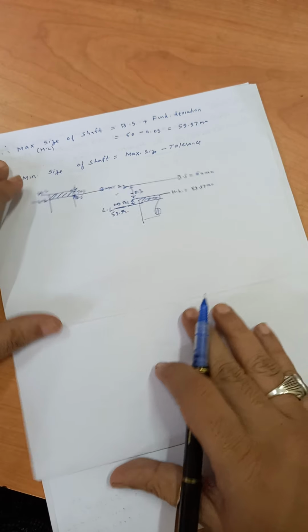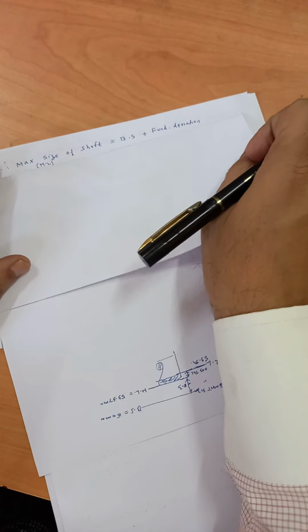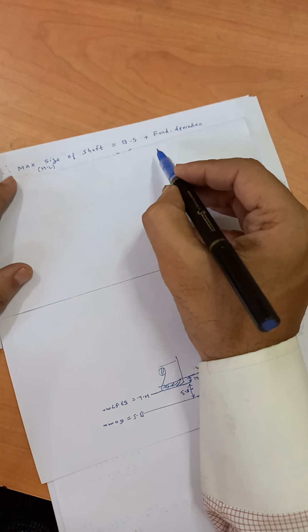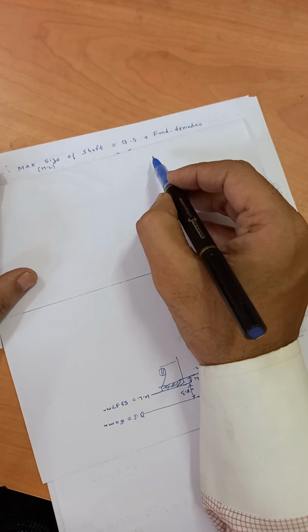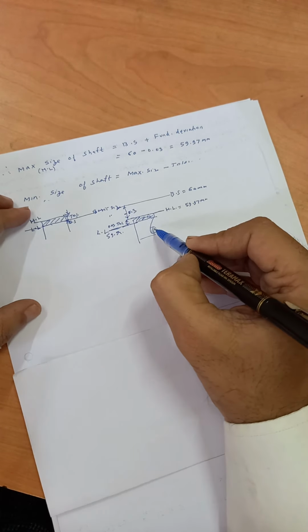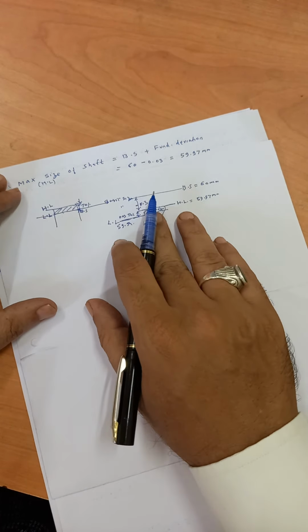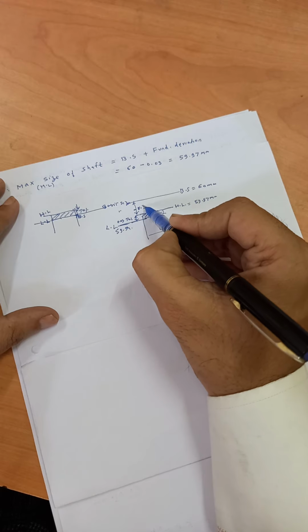So the maximum size of the shaft is equal to basic size plus fundamental deviation. If this is the shaft, this is the fundamental deviation, which comes to be 0.03 mm.